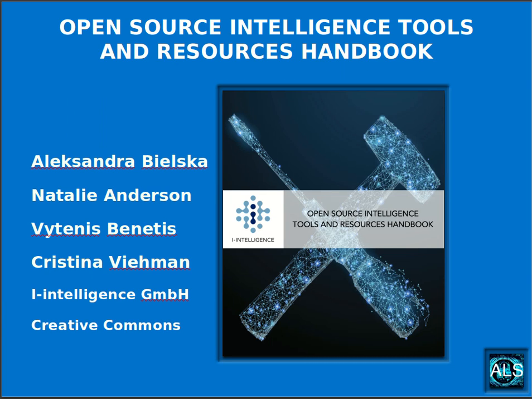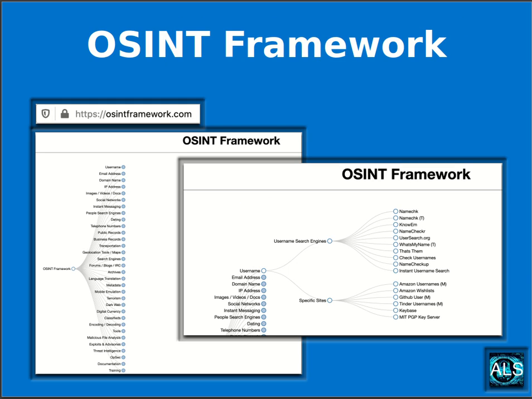There's an open source intelligence handbook that is really good. I won't try to pronounce these names here. I don't want to botch those up, but the information contained in here is a real good methodology for you to use, so I encourage you to take a look at that.